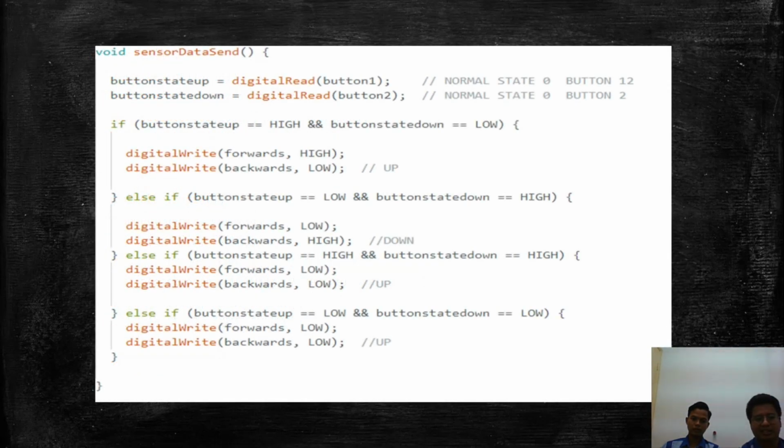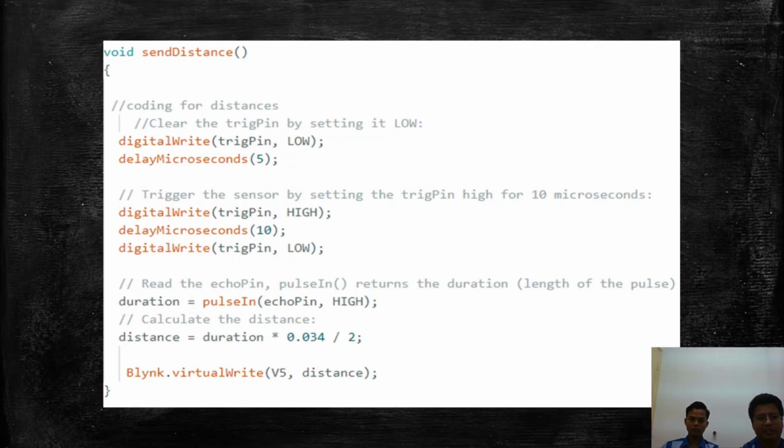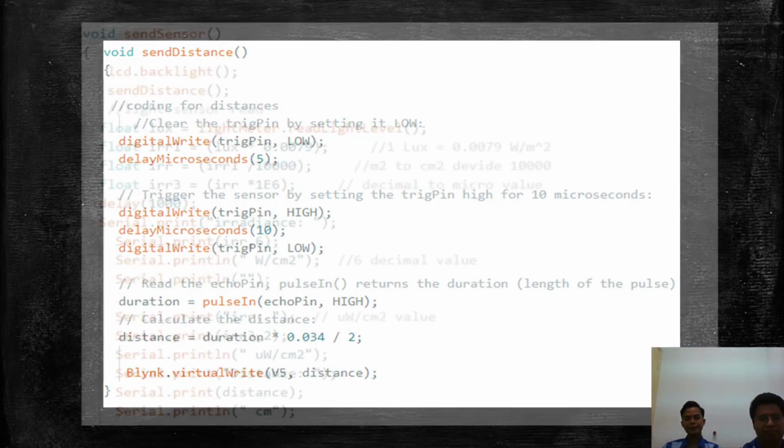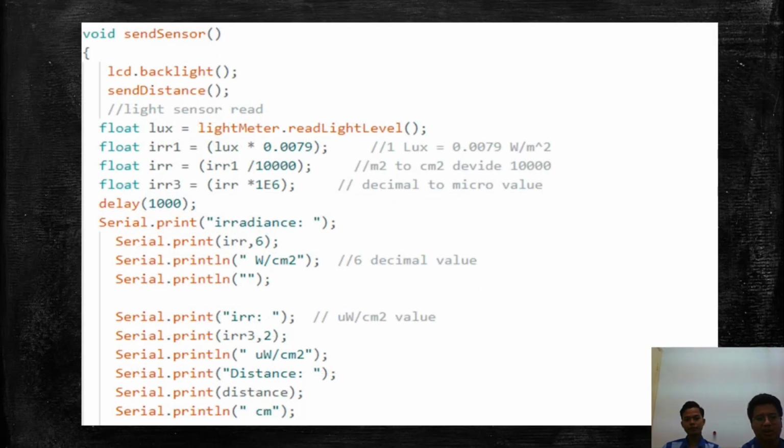The void data function is for the push button, so all the push button if-else conditions are in here. Send distance is for the ultrasonic sensor, which means decoding for the calculation of distance. In void sense sensor, we call for the distance value, so it will appear in sense sensor.